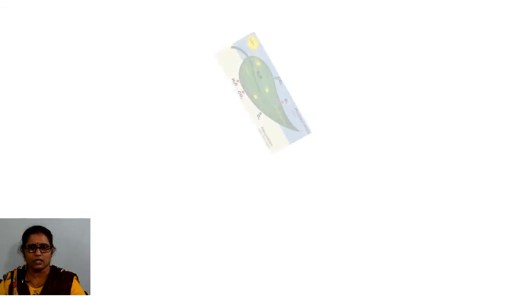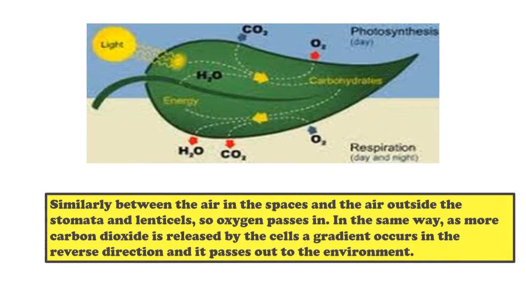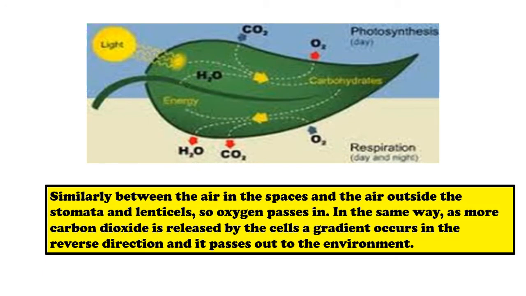Now if you see overall what happens during the day and during the night. Similarly, between the air in the spaces and the air outside the stomata and the lenticels, the oxygen passes in. In the same way, as more carbon dioxide is released by the cells, a gradient occurs in the reverse direction and it passes out to the environment.